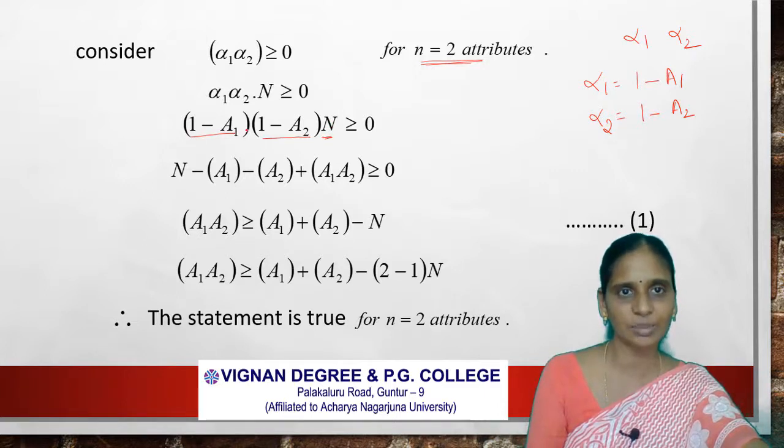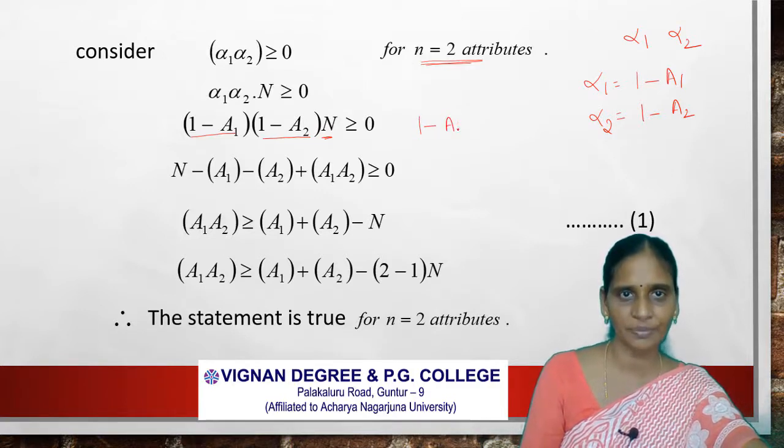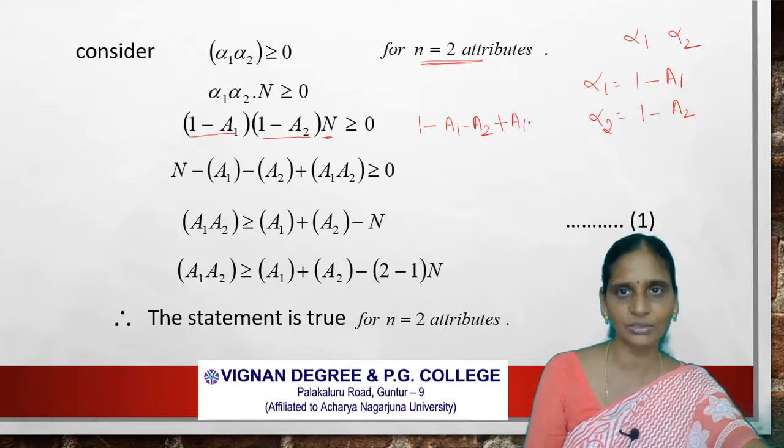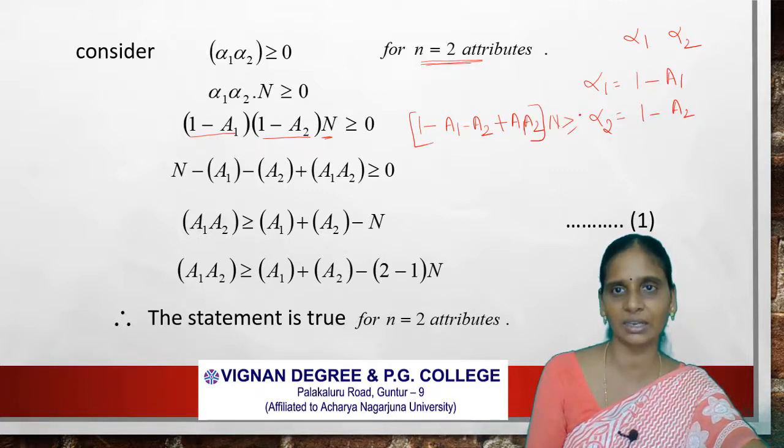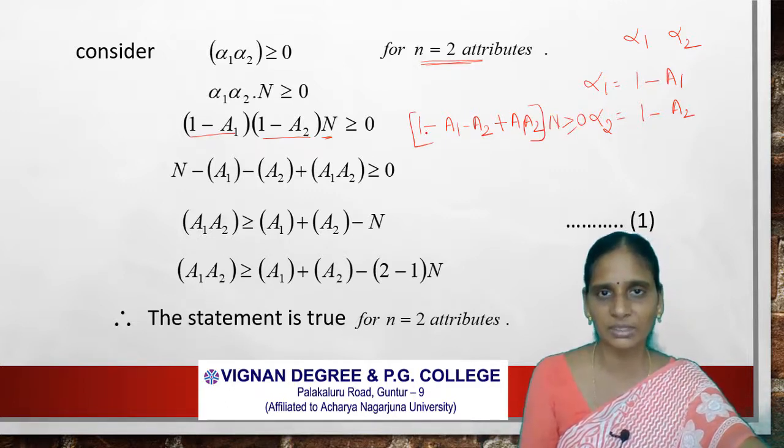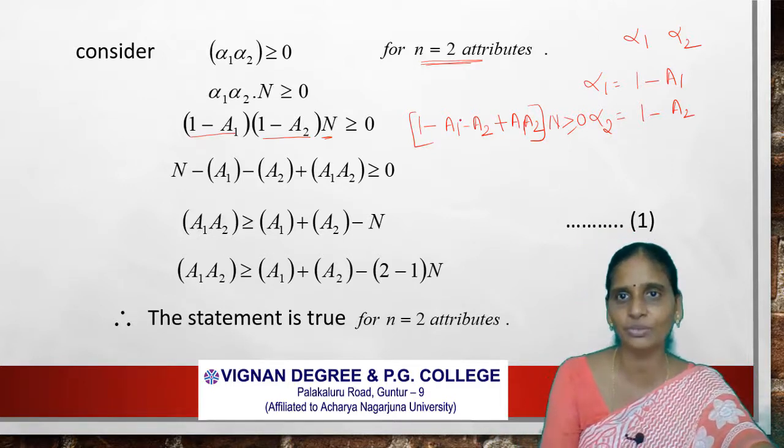So after the multiplication of (1 minus a1) into (1 minus a2), we get 1 minus a1 minus a2 plus a1 into a2, into n. This is greater than or equal to 0. So in the next step, we have to multiply each and every attribute with n.